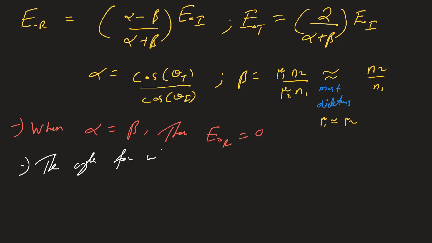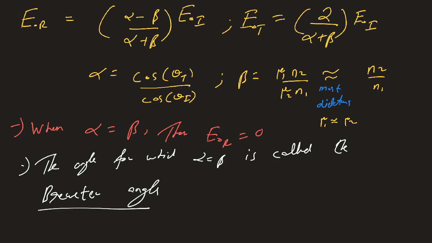for which alpha becomes equal to beta is called the Brewster angle. It's called the Brewster angle, and this is a very nice concept. The Brewster angle takes place when the cosine of theta t over the cosine of theta i becomes equal to n2 over n1.